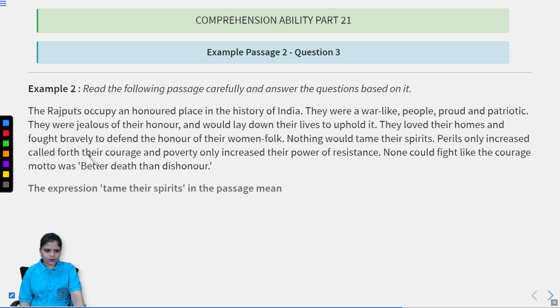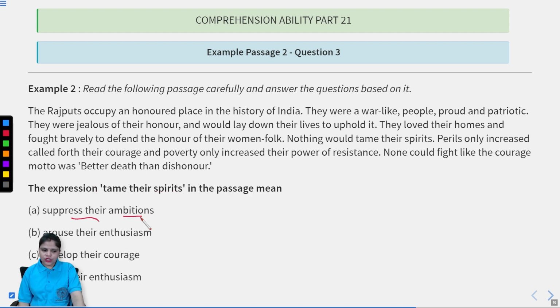The next question is: the expression tame their spirits in the passage means what? So what is the meaning of the phrase tame their spirits? Suppress their ambitions, arouse their enthusiasm, develop their courage, curb their enthusiasm. So it will be D. Tame means weaken, and curb means to cut. Their spirit shows that they are zealous and very excited to do anything.